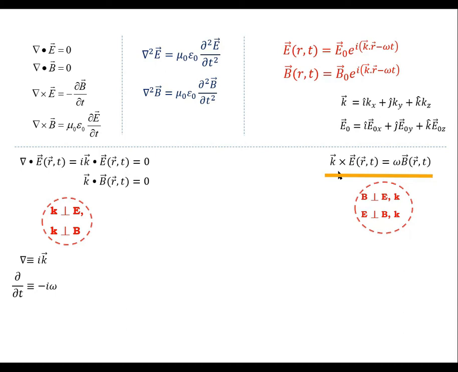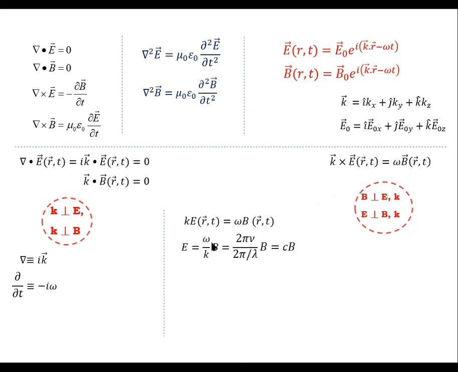Since E, B and k are mutually perpendicular, if we represent this in its magnitude form, then it will be k multiplied by E equal to omega multiplied by B. So electric field will be omega by k multiplied by B, which is equal to c into B, where c is the velocity of light in vacuum and is equal to 1 by under root of mu naught epsilon naught. So this is further reduction of this equation.